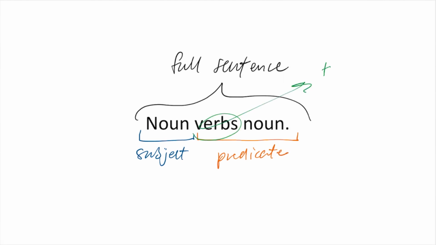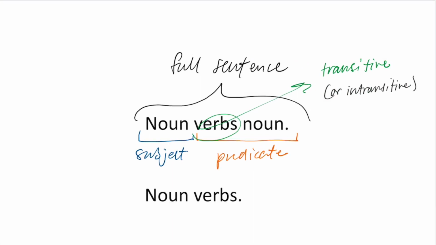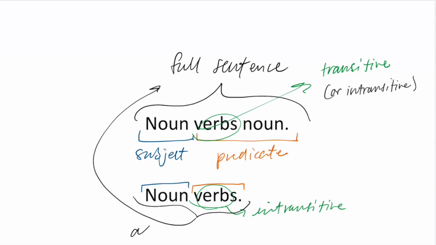Our verb, in this case, is a transitive verb, but again, we can also have an intransitive verb. If we have an intransitive verb, our sample sentence would just be noun, verbs. Again, we have a subject and a predicate. This is also what we would call a full sentence.